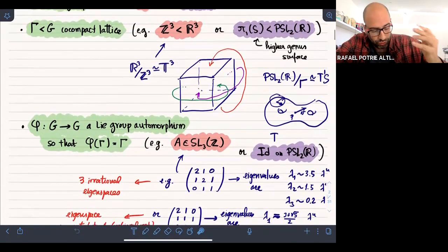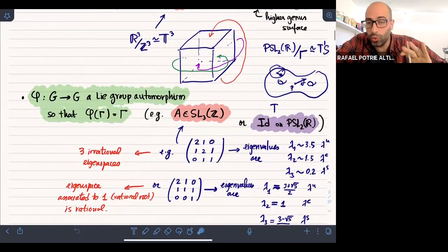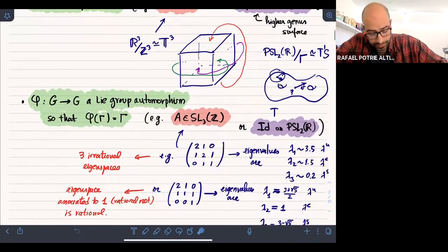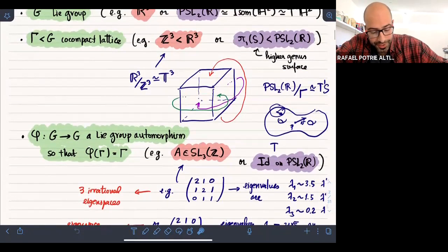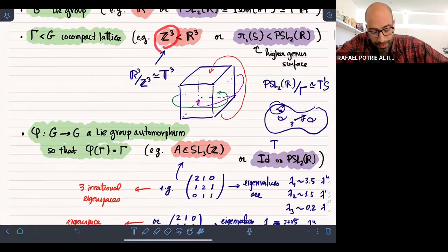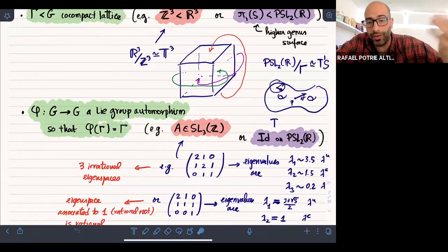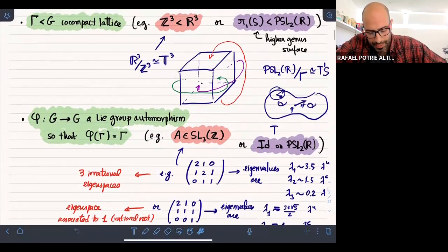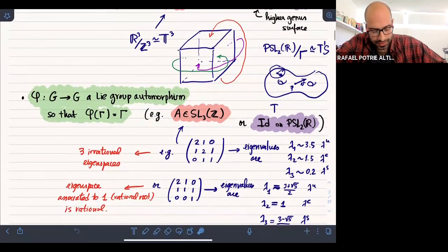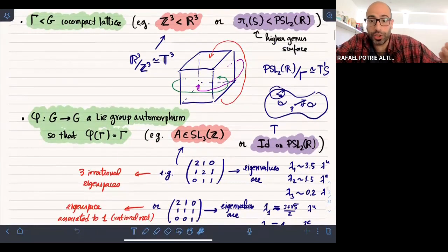In fact, this can be something very general, but we are thinking about exactly two cases. For R3, the automorphisms that preserve Z3 are integer matrices with determinant 1 or -1. You can think of determinant 1, it's no problem. Since the determinant is 1, the inverse also has determinant 1, and so you get this property. The idea is that this will induce something in the quotient too.